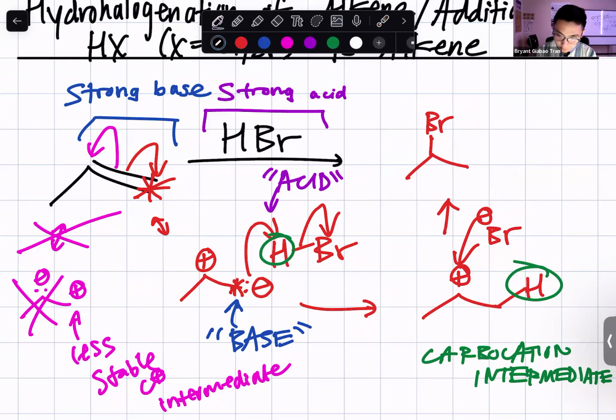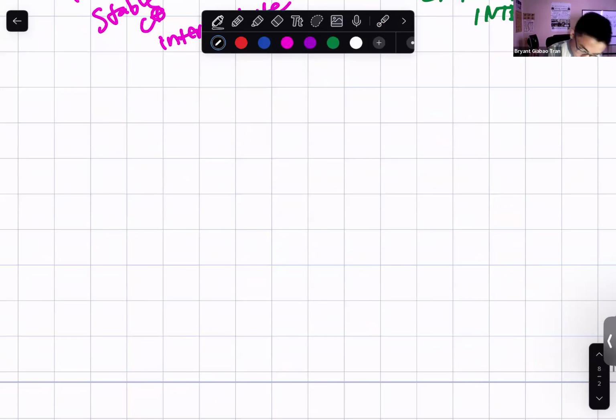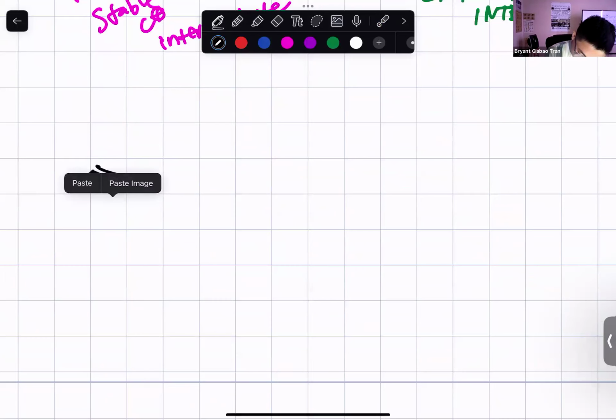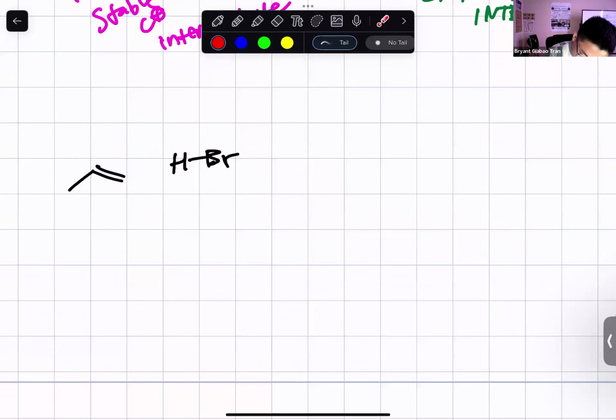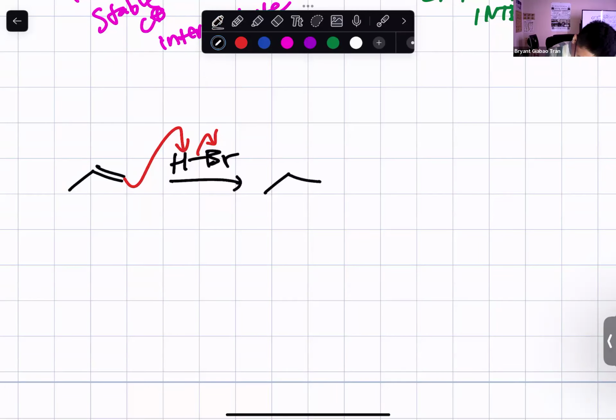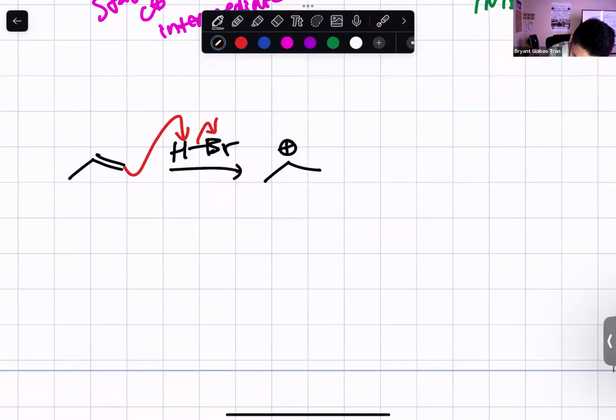The way that I drew the mechanism is kind of really long, right? But if you were to draw out the mechanism normally, this is what you would do. You would first figure out which carbon would be the more stable carbocation, the more substituted one right here, meaning that your less substituted carbon is going to attack the hydrogen, kick out the Br, and have a positive charge on that carbon right there that lost the bond.